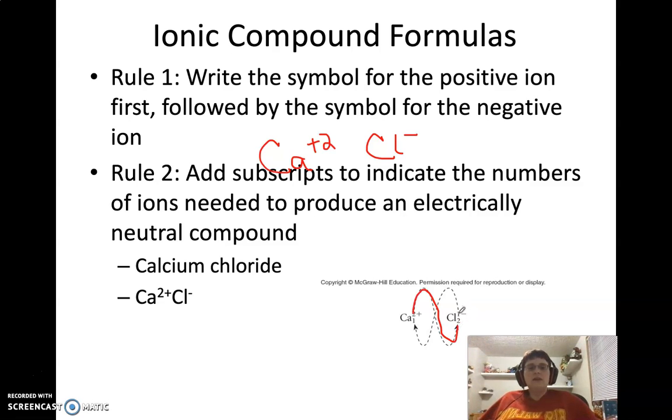And they're telling you to take the 1 and put it over here for the calcium. But we know that we don't need to write the 1 for the calcium because it's assumed to be a 1. And so that ends up giving us calcium chloride, CaCl2, as our ionic compound formula.